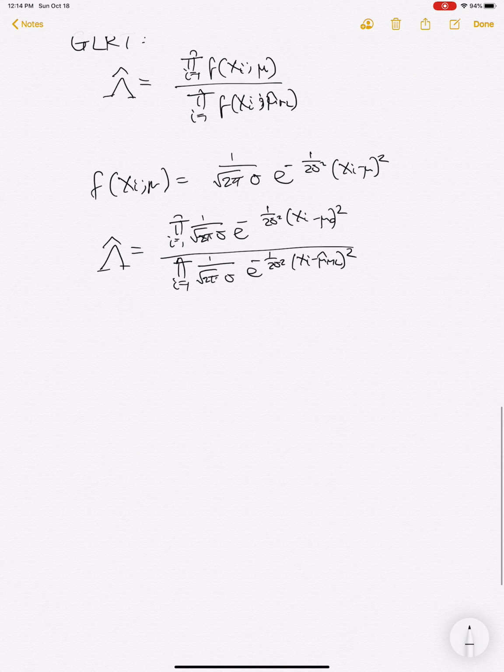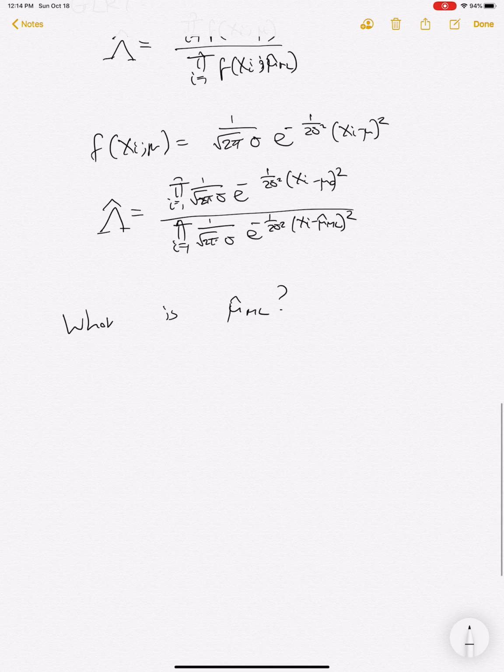And what is mu hat ML? Hopefully this is almost second nature to you by now: mu hat ML here is just x bar. We've done this calculation a couple of times, so I'm not going to go through it here. If you go through maximum likelihood for the normal distribution, that's equal to the sample mean, and that's also the method of moments estimate. So that's what we plug in here.